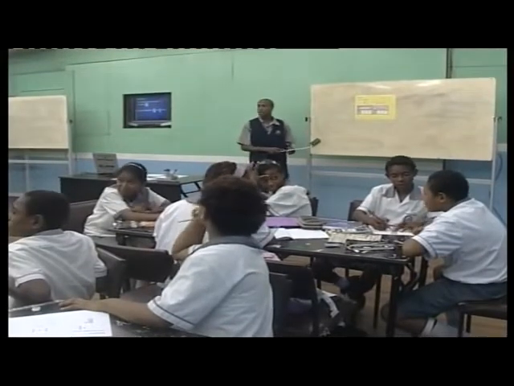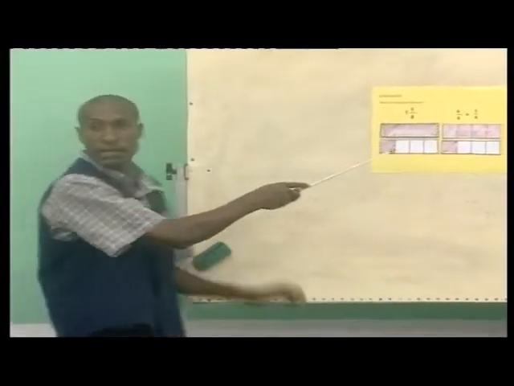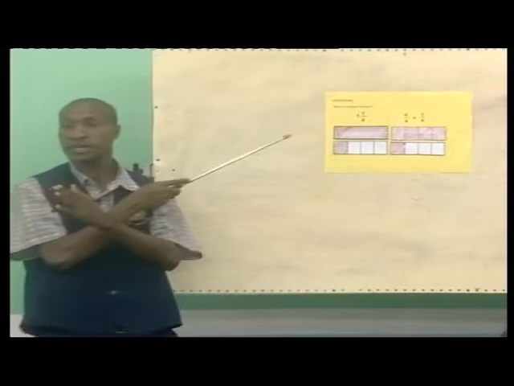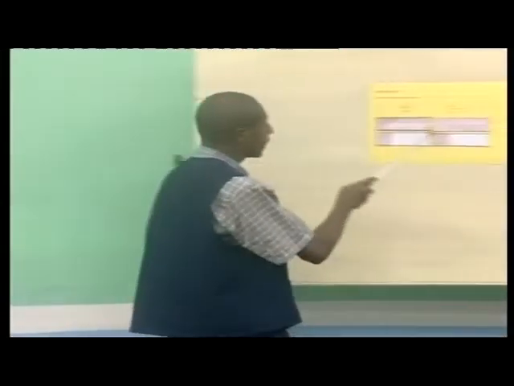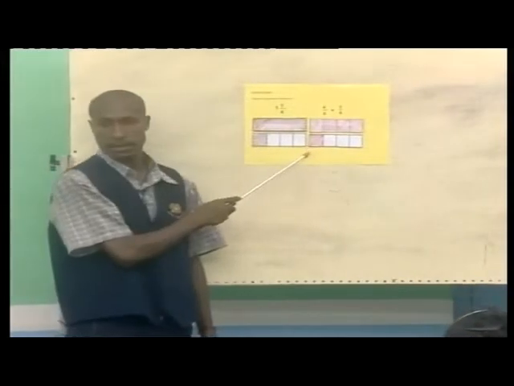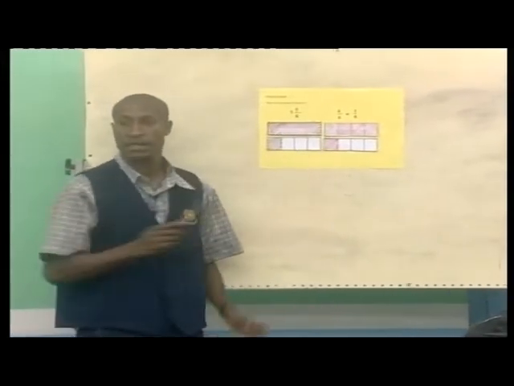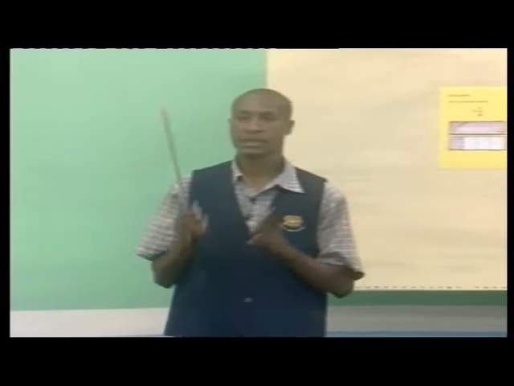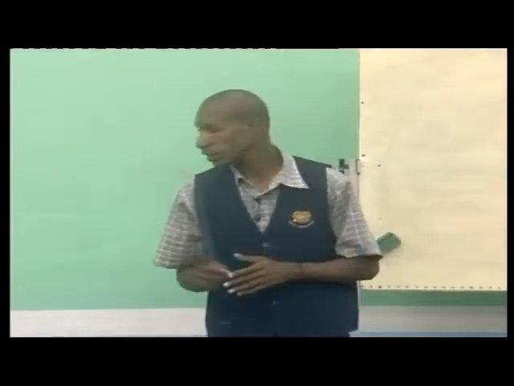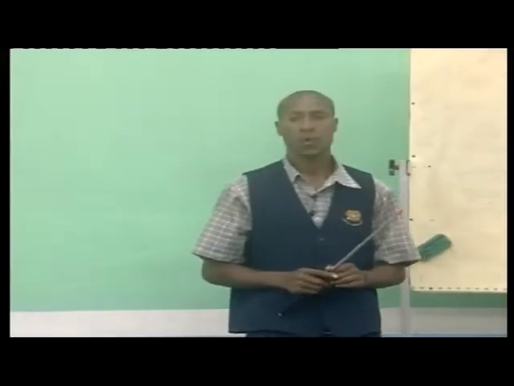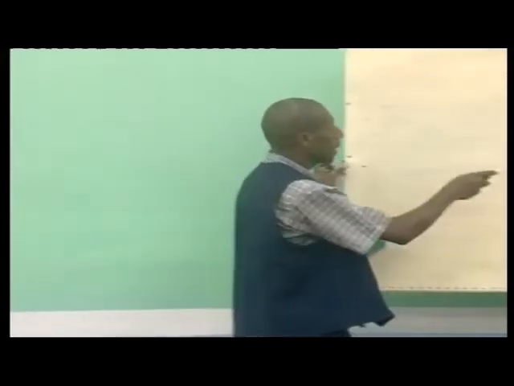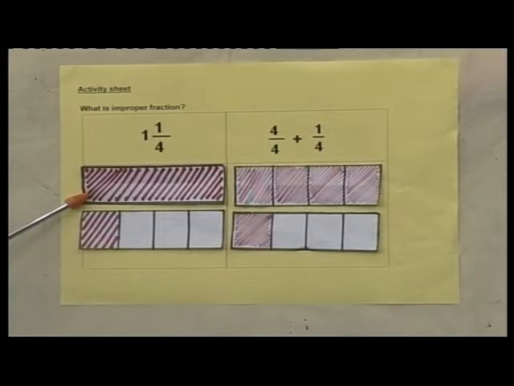Now, students, this is what the two groups have shown, Oa's group and Rodney's group. They have come up with something like this. What they have shown here is the correct answer to the question, drawing the diagram of 4 over 4 and 1/4.